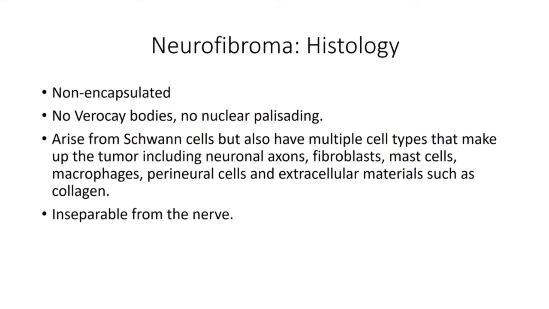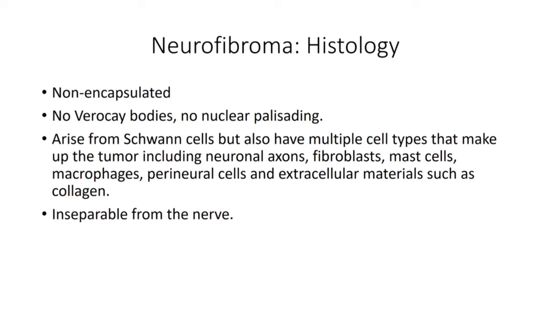Now, histologically, these are thought to be non-encapsulated. Whereas the Schwannoma has a very distinct capsule around it that separates it from the pseudocapsule, not true with the neurofibroma. And then there are none of these Verocay bodies or nuclear palisading.